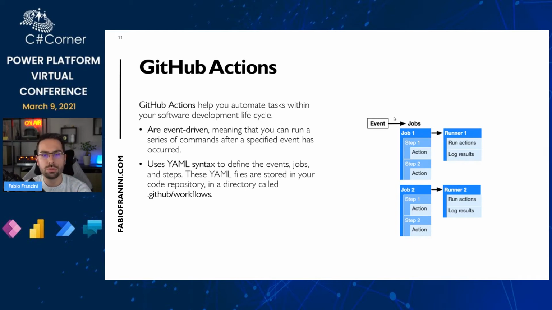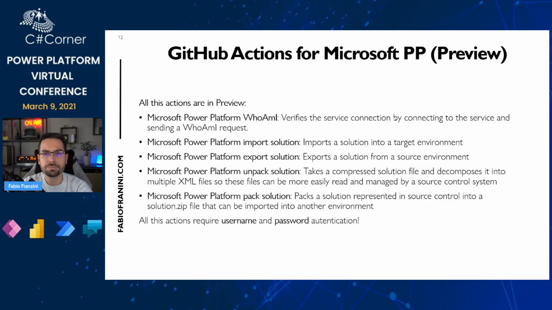But of course, we are able to start this workflow manually. When you start this workflow, for each job you have a specific runner. One runner is just a virtual machine. You are able to choose from a Windows machine or a Linux machine. And then inside this machine, you are able to execute every action that you have inside the job that you have to start.